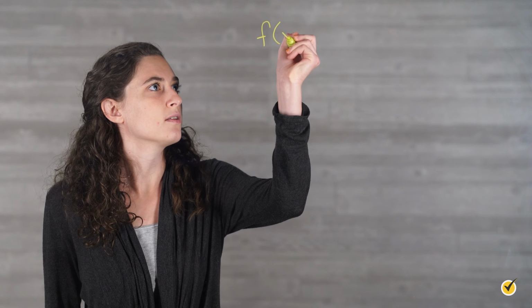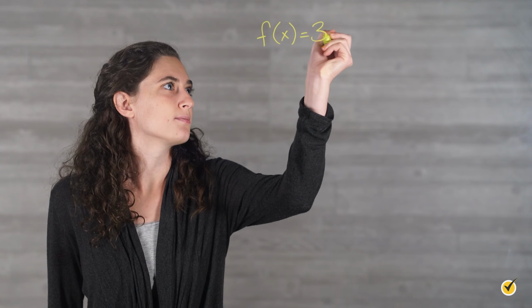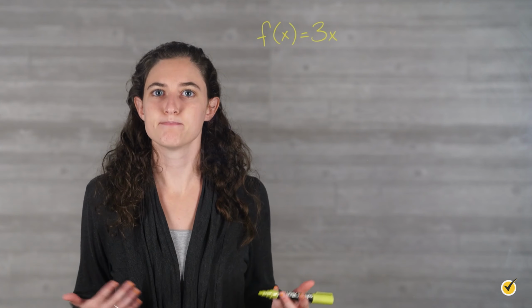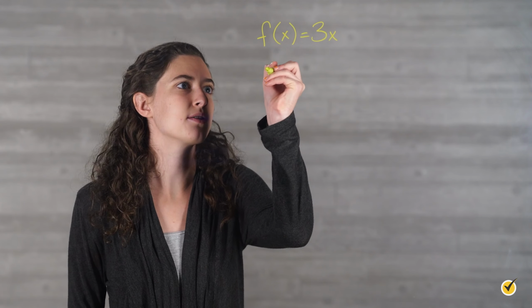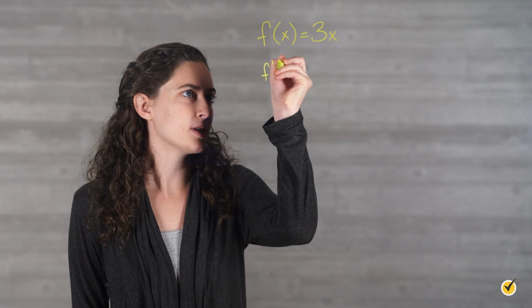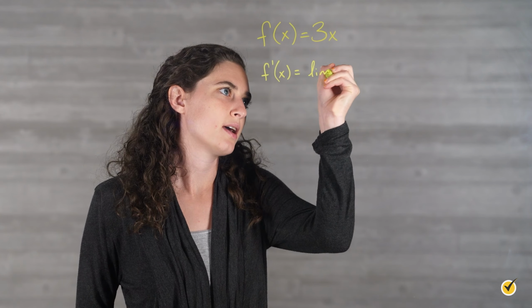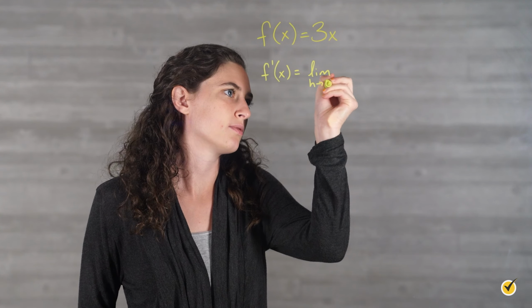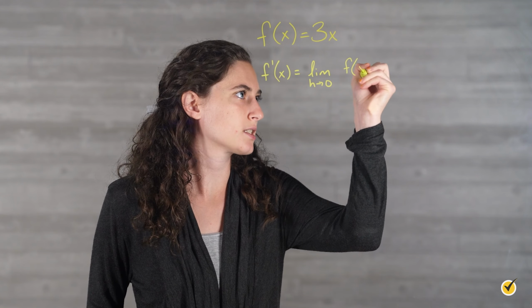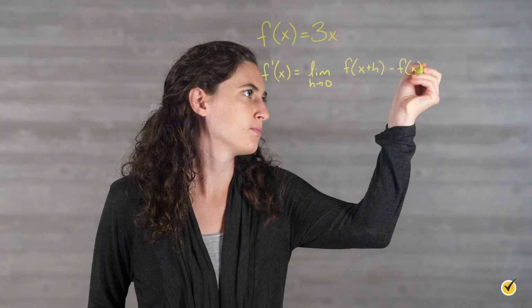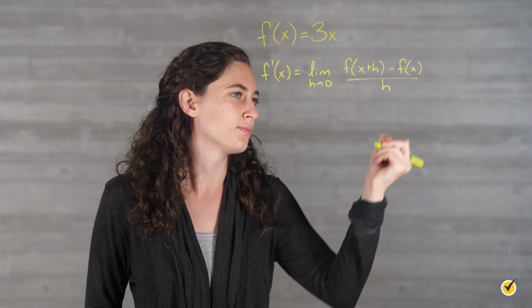Find the function f prime describing the slope of f of x equals 3x. So to find our derivative, we're going to use our derivative formula. So let's write that out so that we can remember it. Our derivative formula is f prime of x is equal to the limit as h approaches 0 of f of x plus h minus f of x over h.